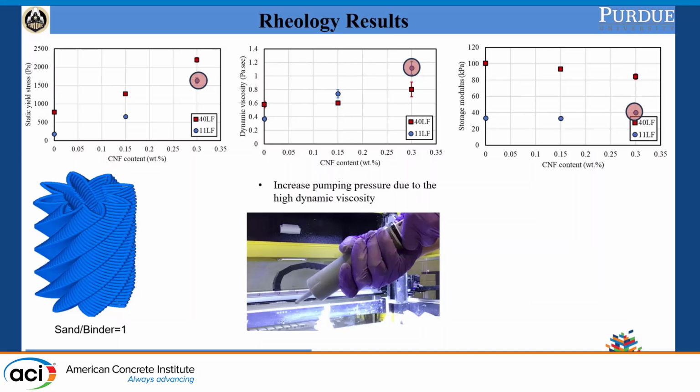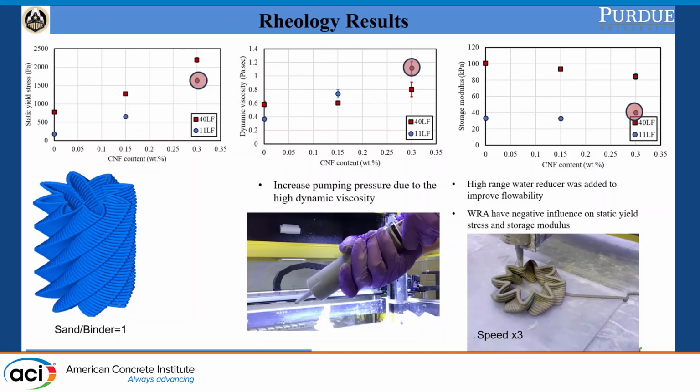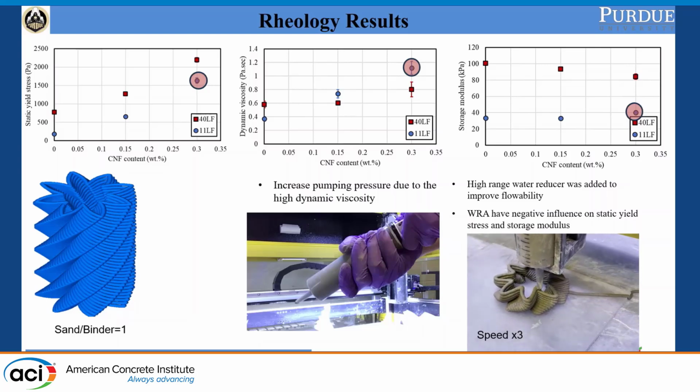We don't have shear mixing in our extruder, so it's a static extrusion. I really had an issue extruding because of the increase in dynamic viscosity. So I had to add some water reducer to increase the flowability because of the equipment. Again, it's not really comparable because I had to add water reducer, but it still can print, I guess, up to 12 layers.